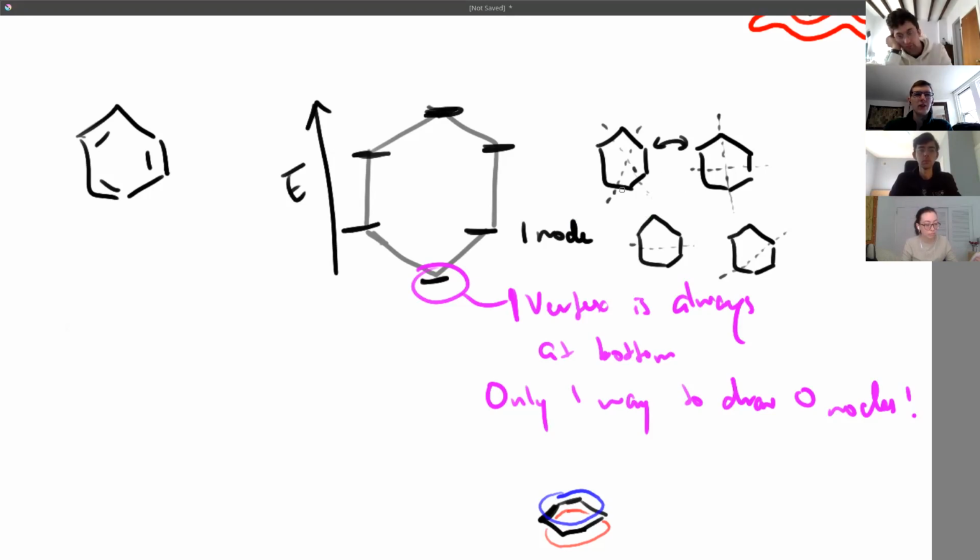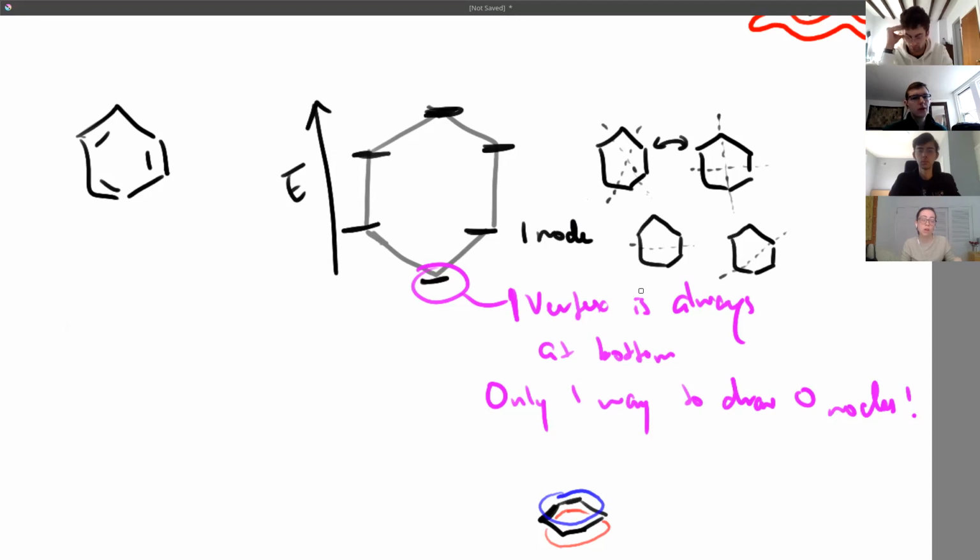Between these two of the same energy level, either order that you would write it in would be fine. So there's not really an order between same energy levels.